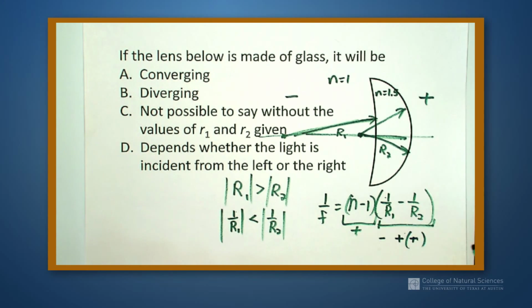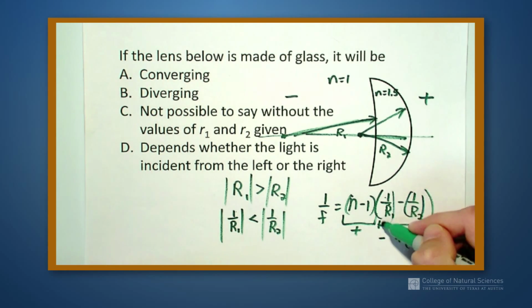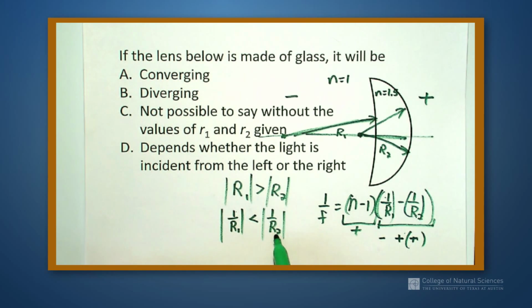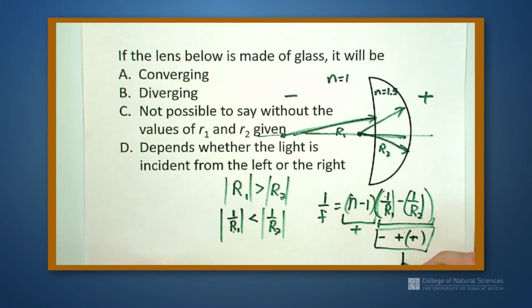I guess what I'm trying to say is that this number is negative. This number here is negative, but we're going to subtract a negative number. And since 1 over R2 is larger than 1 over R1, this whole piece over here is actually going to be a positive value.